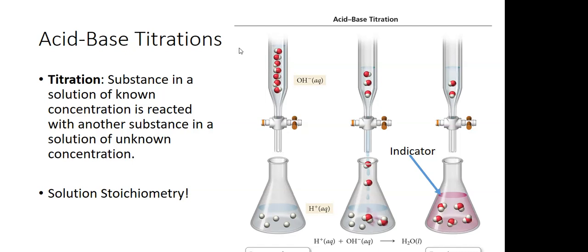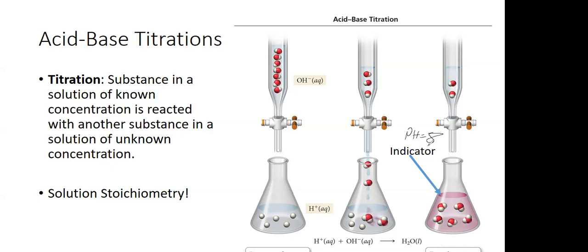There are other indicators that change different colors at different pHs. But the one you're going to use in lab, I'm not teaching lab this year, will turn pink at a pH of 8. I forget the exact name. It's phenol something. The name escapes me right now, but it's phenol something.